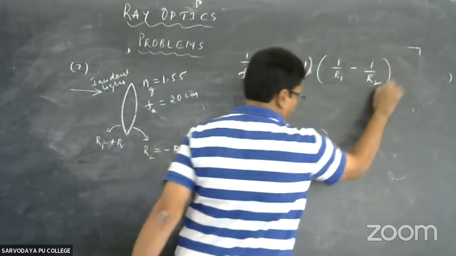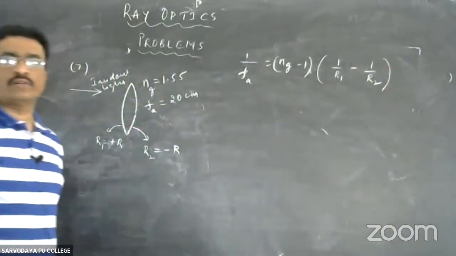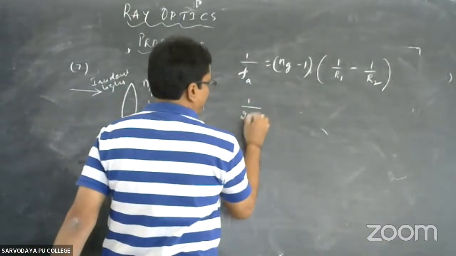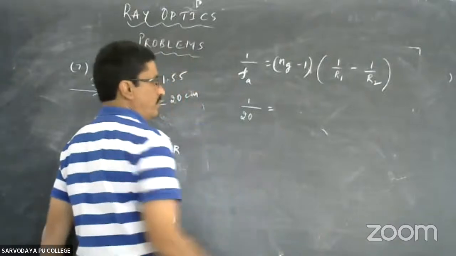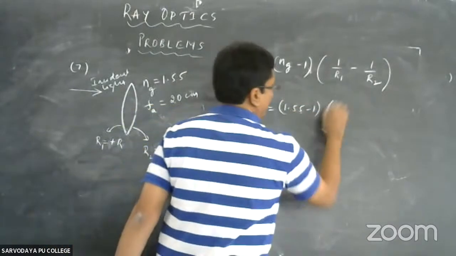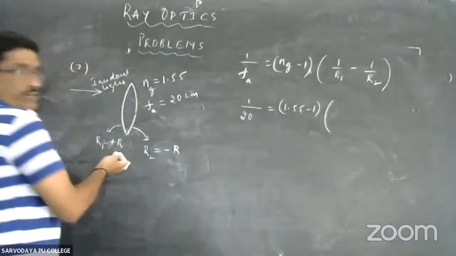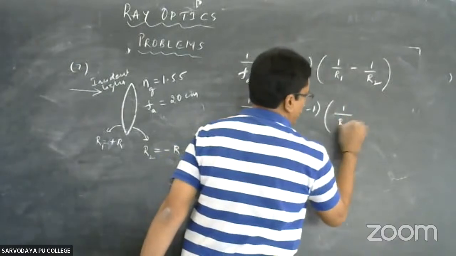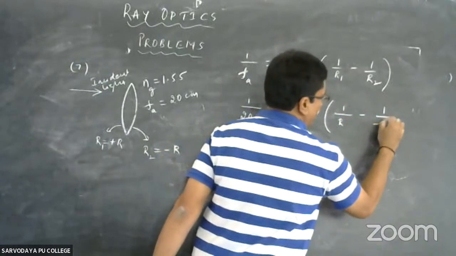This is the general formula. Now here 1/20 is equal to (1.55 minus 1) into, to make an easy expression, 1/r minus 1/minus.